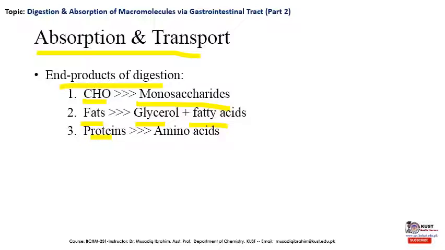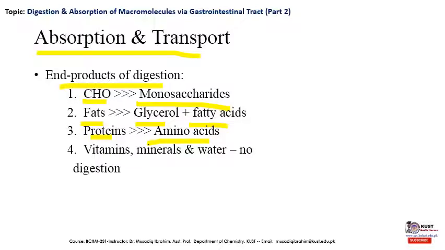Proteins are converted into amino acids. And the rest, like vitamins, minerals and water, remain unchanged, and some of the vitamins and minerals are absorbed in the small intestine, and some water is also absorbed in the small intestine, and some of the water is excreted out.